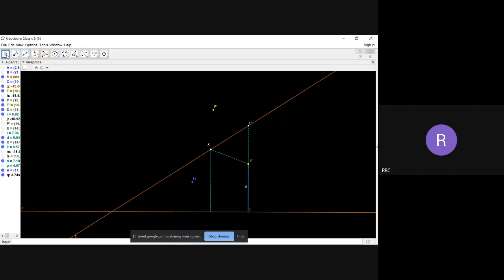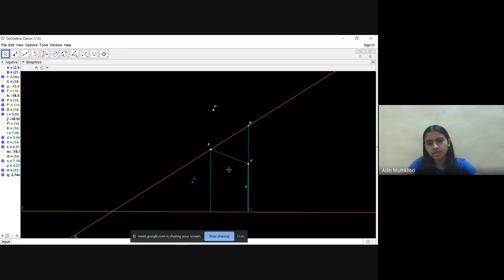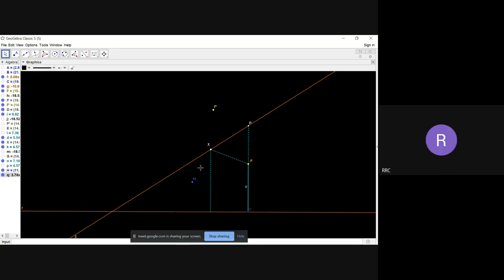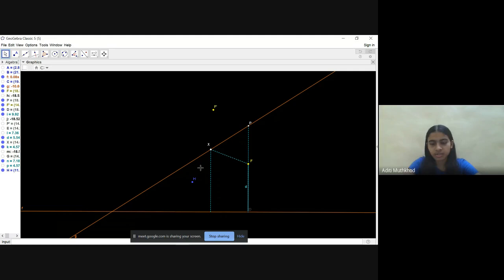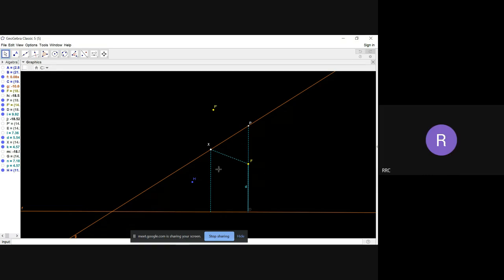I think what you're trying to claim is that XF plus FD is always greater than XE, except at P. You have XF, which is a diagonal line, and FD is the vertical line, and that sum would always be greater than XE, except for when X is at P. So that completes the proof, I think.